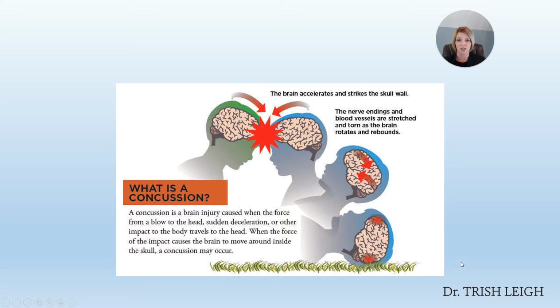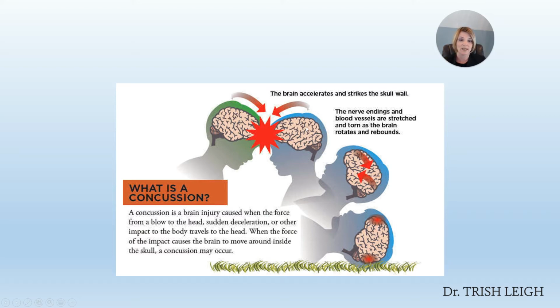On this first image is an example of what happens to a brain when it sustains a concussion. You can see here, there's two kiddos who are knocking heads, and the point of injury is here in the frontal lobe. As the brain strikes the other person's head, and you can read it here for yourself, but I'm going to describe it differently.